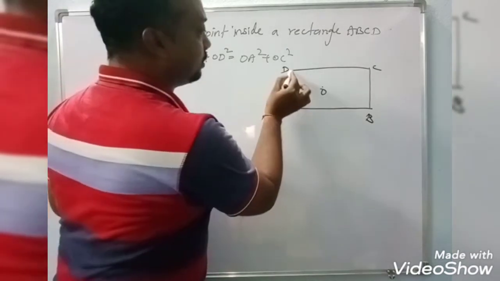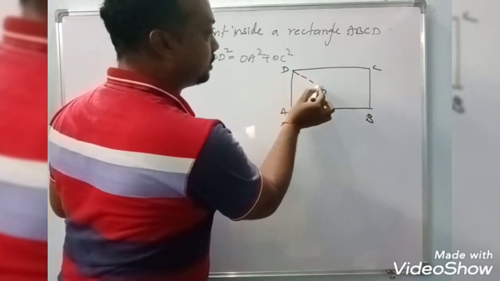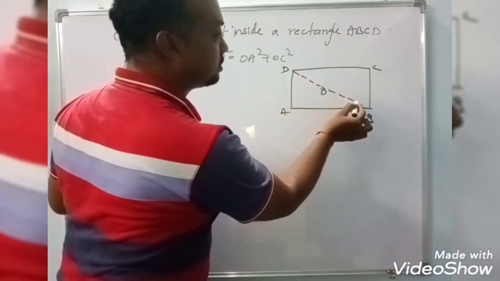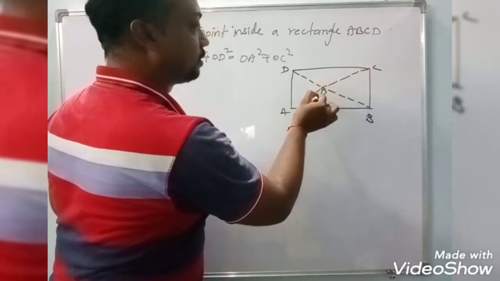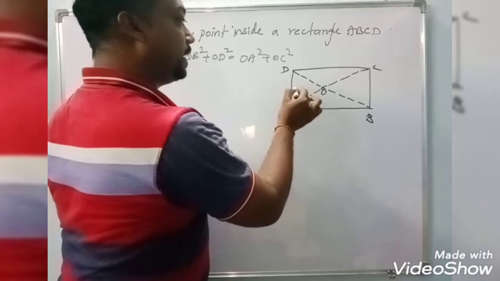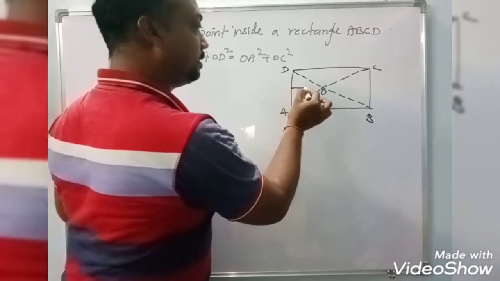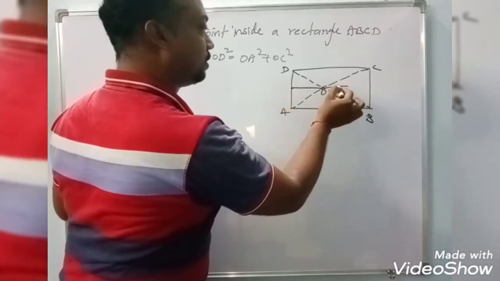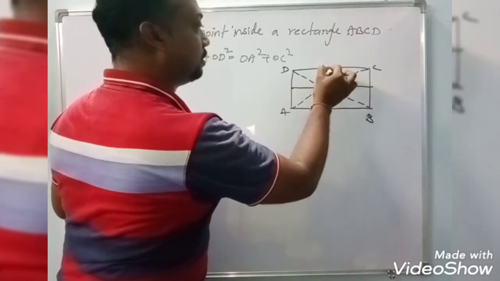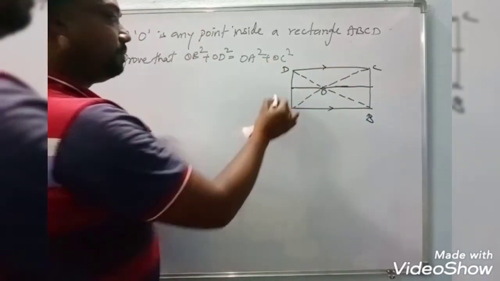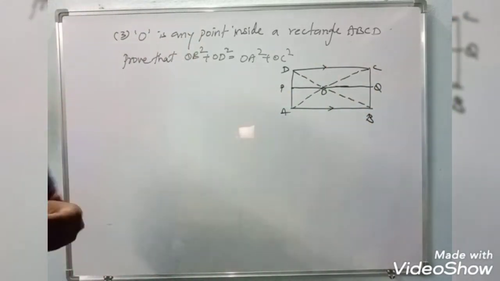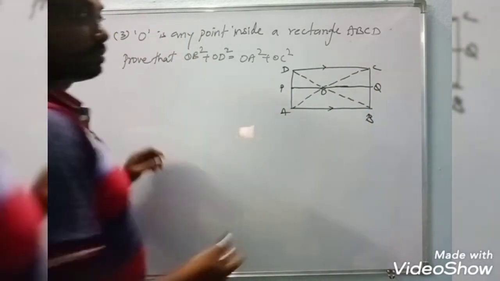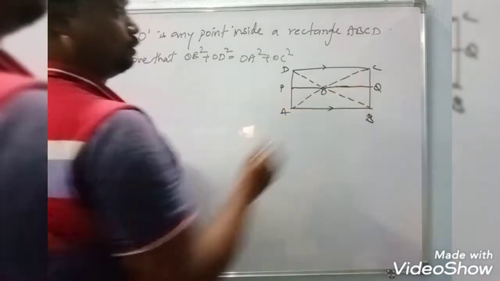have to join the points along with O, and I am drawing lines parallel to these two lines and naming them P and Q. Right, so that I am getting 4 right angled triangles, that is 1 2 3 4.